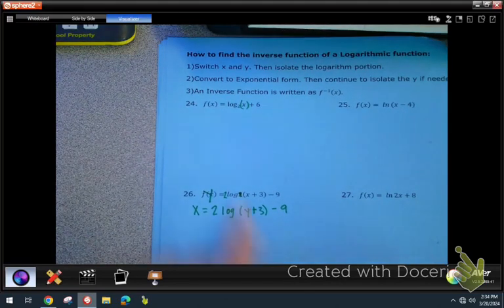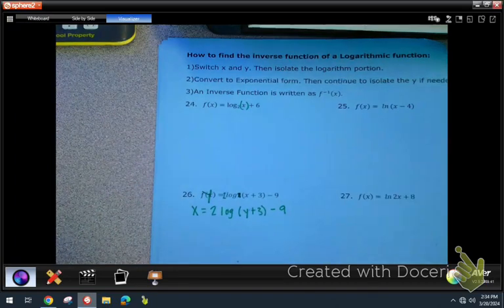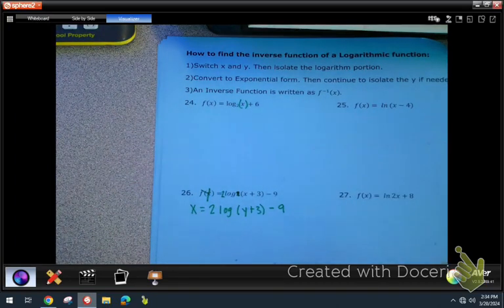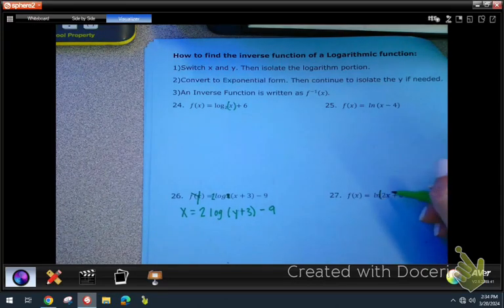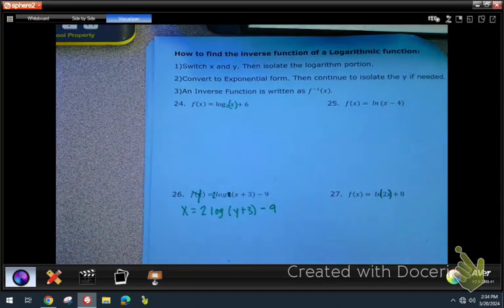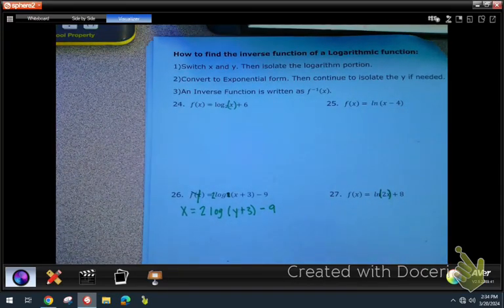If there's no parentheses, then I would just assume the first thing is the argument. So what's the argument on 27, following that logic? 2x. Okay, if you're confused on that, you can come ask, and I'll tell you, yes, it's the argument, or no, it's not. I think it should be fairly obvious on the test, but just FYI.